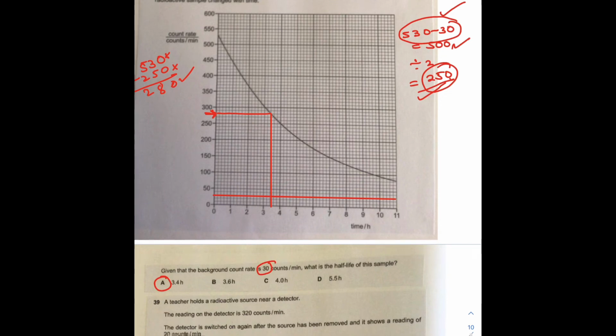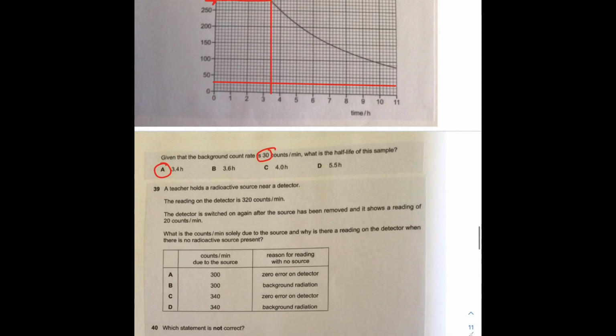So first we have a detector and a source, then the detector is switched on after the source has been removed, and it is still showing some reading.